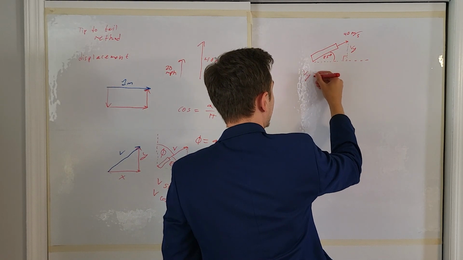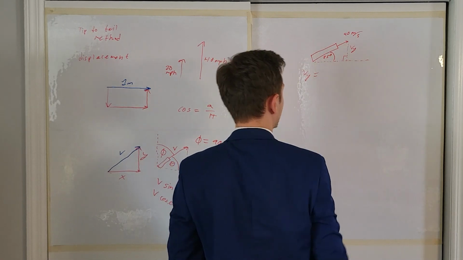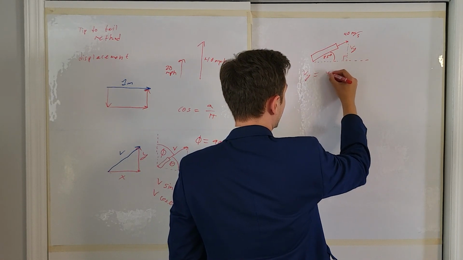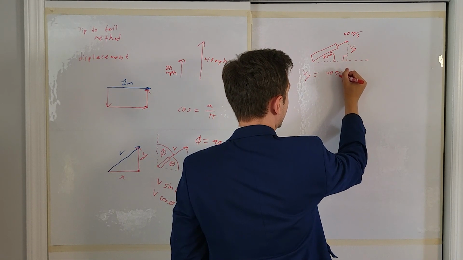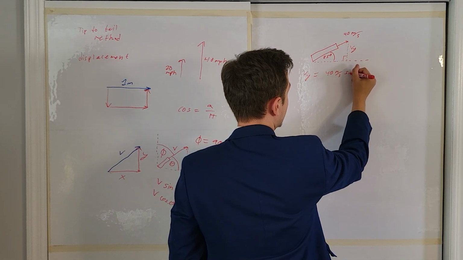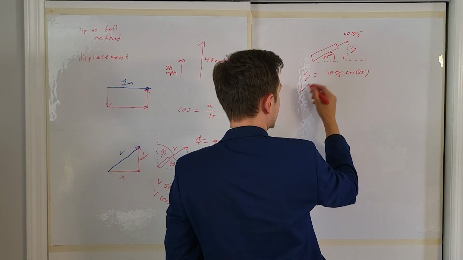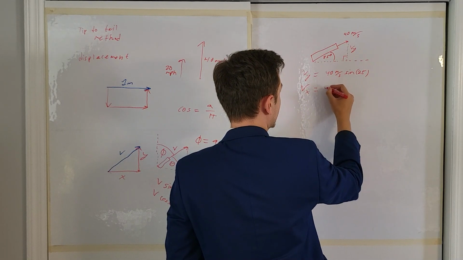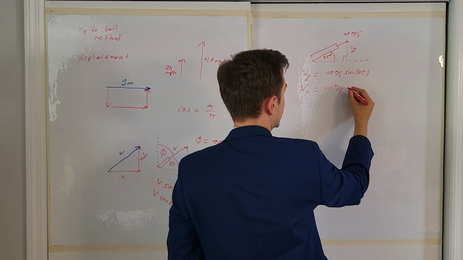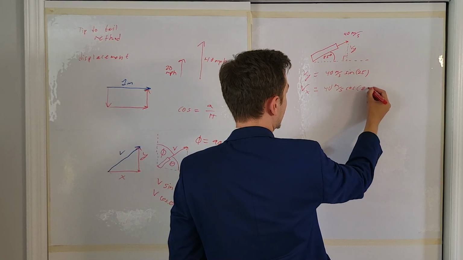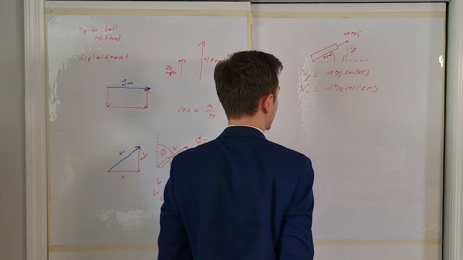Big V sub y is my opposite from my angle, so it's going to be 40 meters per second multiplied by sine of 25 degrees. The velocity in my x direction is going to be my 40 meters per second times my cosine of 25 degrees, because cosine deals with the adjacent.